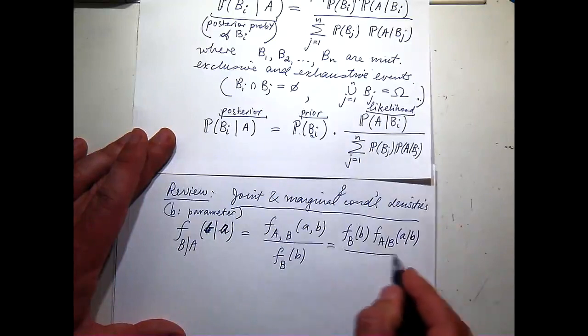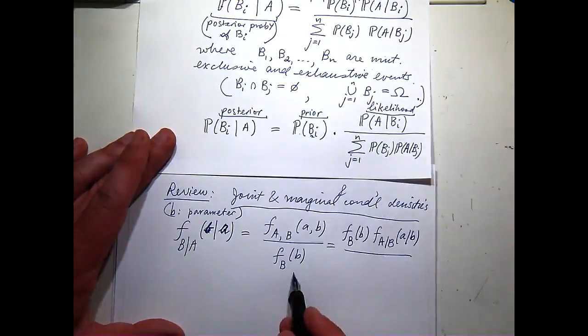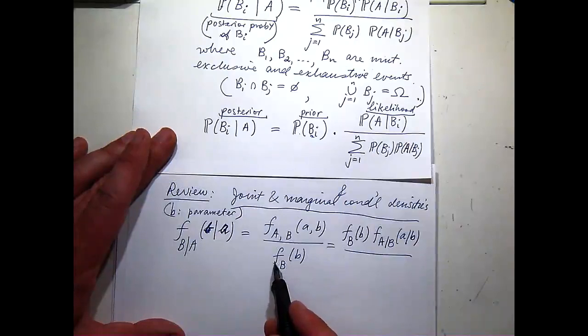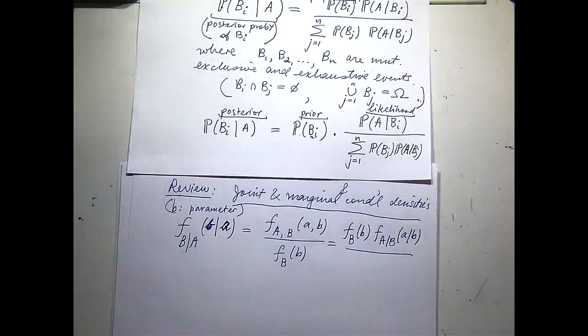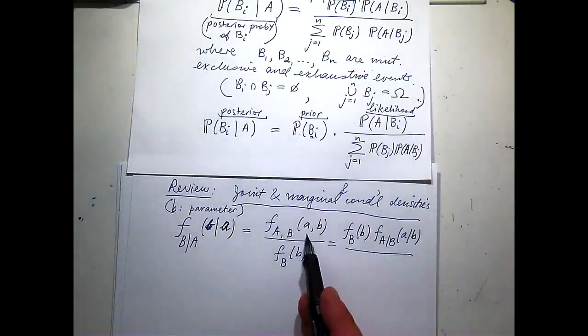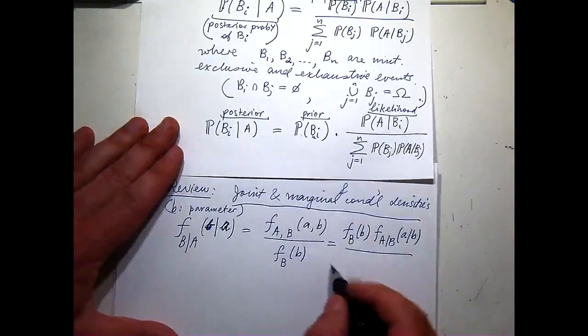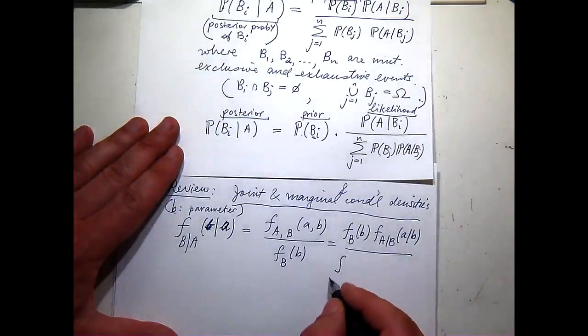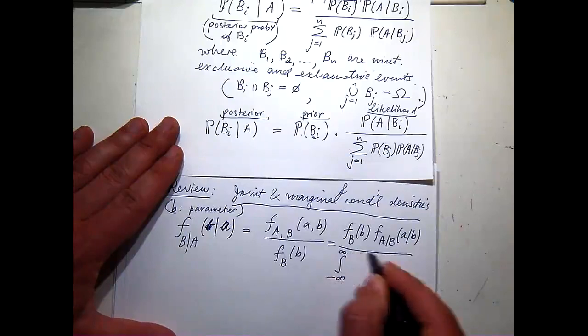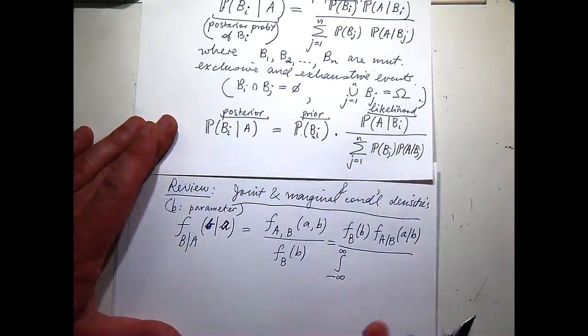Now on the denominator I have the same denominator term, but I remember that it is possible to write the marginal in terms of the joint. In fact, remember the marginal is defined, there might be many definitions, but one definition is you take the joint density and integrate out the variable you don't want. Integral from minus infinity to infinity. Obviously, if the true range is restricted, you'd have to restrict that.